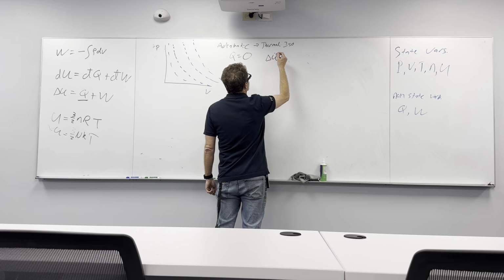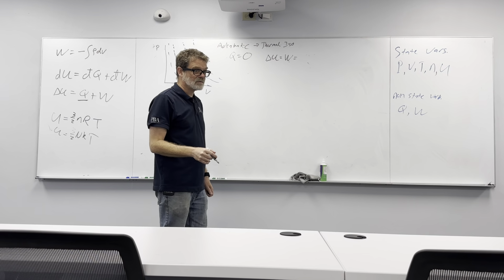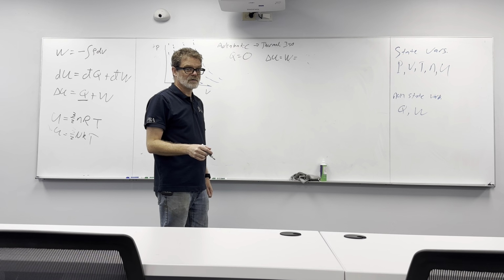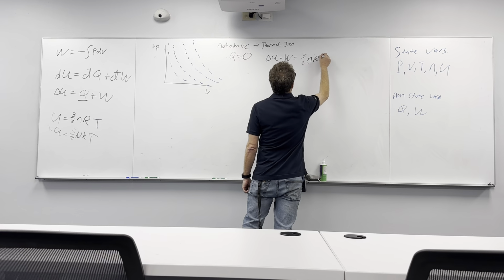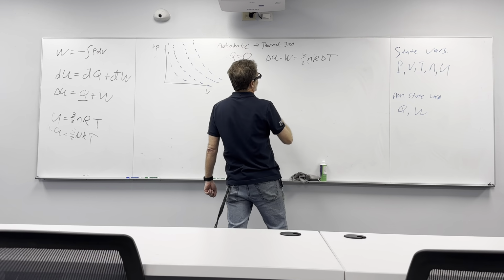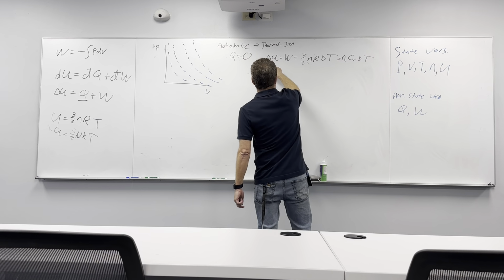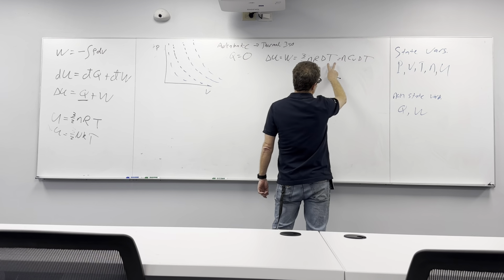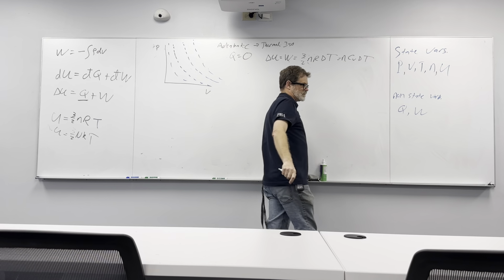It's equal to the work. And what is delta U also equal to? 3/2 nR delta T, or nCV delta T. So the work and the change in internal energy are equal to nCV delta T.